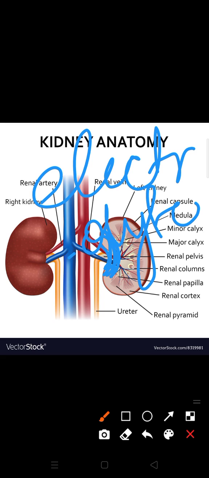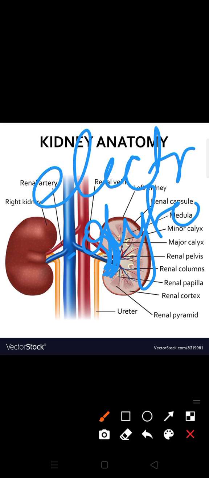Later on we will read about the functioning of a nephron, how a single nephron works, and you will understand how ionic exchange takes place in the functioning of the kidney. So kidneys regulate electrolytes in the blood and maintain pH.